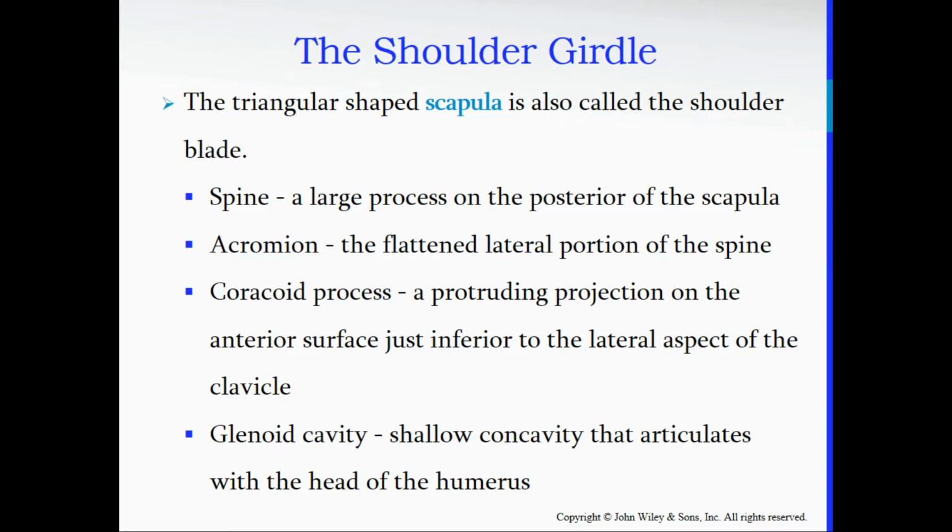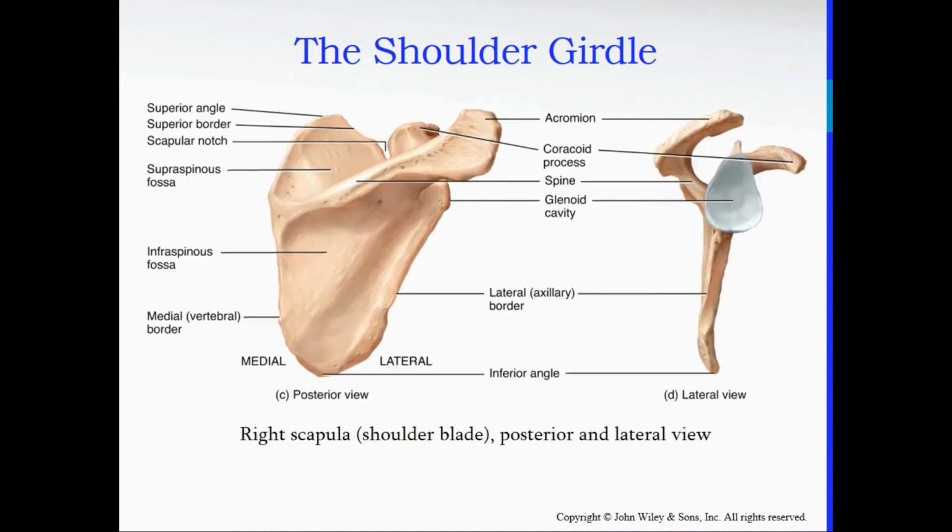So it's the one that sticks out more towards the front, and it's going to be found just underneath the clavicle. The glenoid cavity, also known as the glenoid fossa, is the smooth, flattened surface on the scapula that will articulate with the head of the humerus.